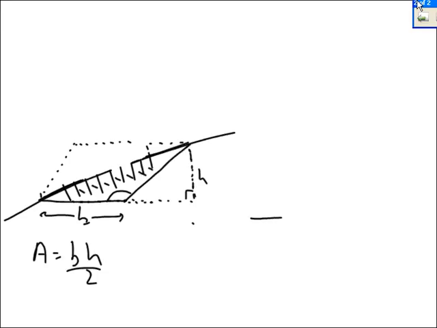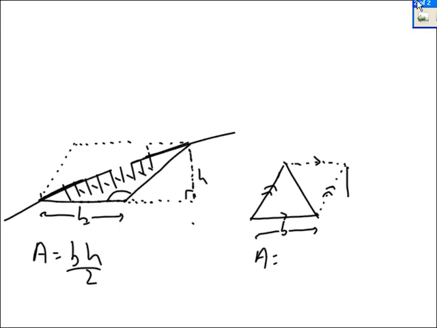Now if the triangle is acute. There's my parallelogram. This side and this side are parallel. This side and that side are parallel. The area of the parallelogram is the base times that height.